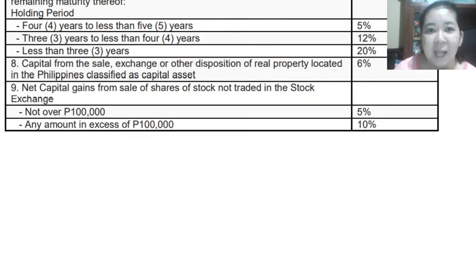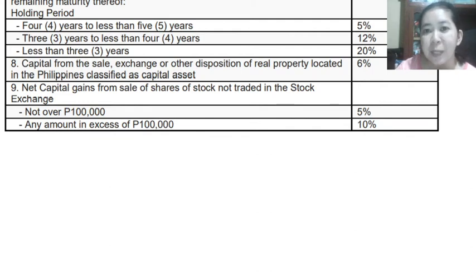Next, number 9, net capital gains from sale of shares of stocks. But please take note that these shares of stocks are not traded in our stock exchange. Here, if the net capital gain from the sale of stocks is not more than 100,000, it will be taxed 5%. Now, any amount in excess of 100,000 will be taxed 10%.